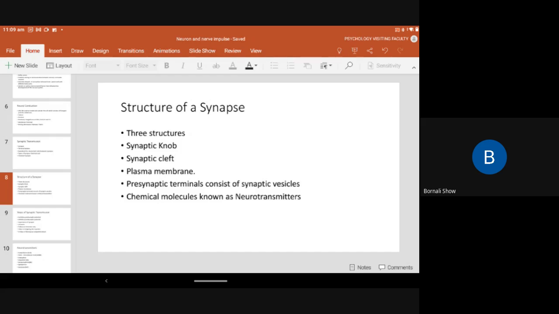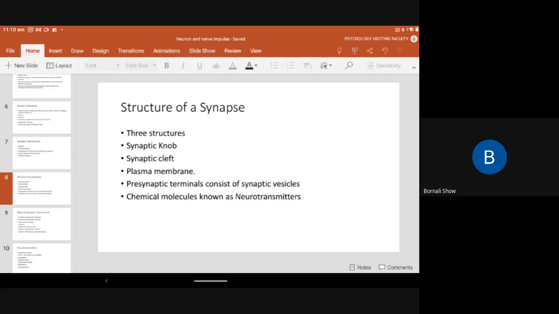Now, you may get some questions like: what is a synapse, what is the structure of a synapse, and what are its importance or functions? It may carry 2 plus 3, that is 5 marks.